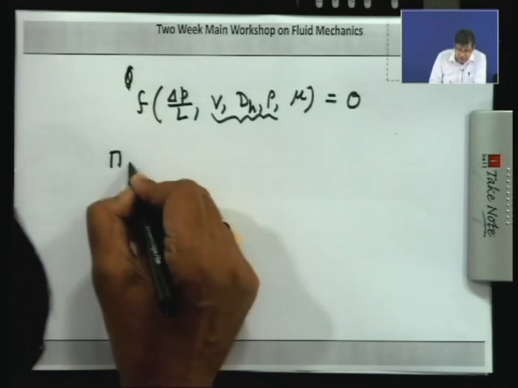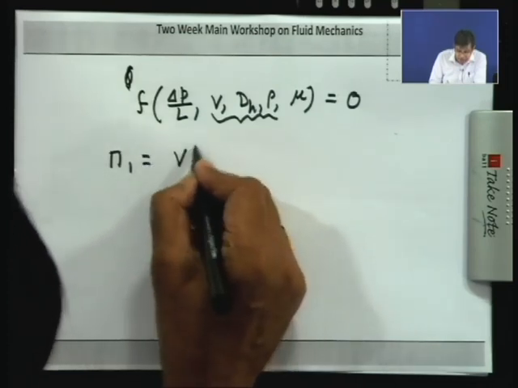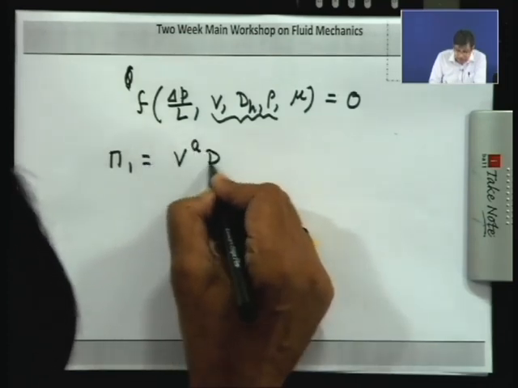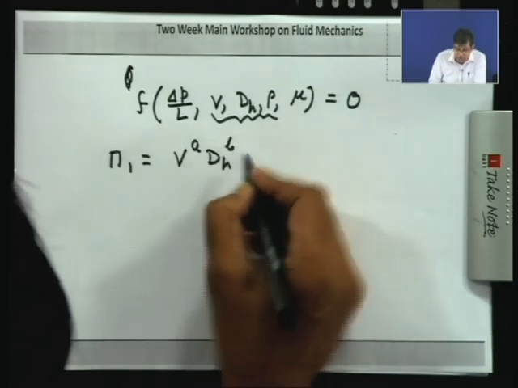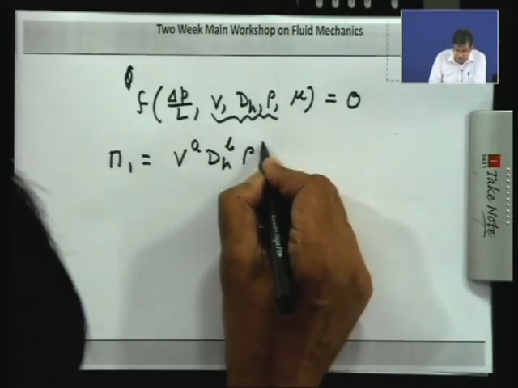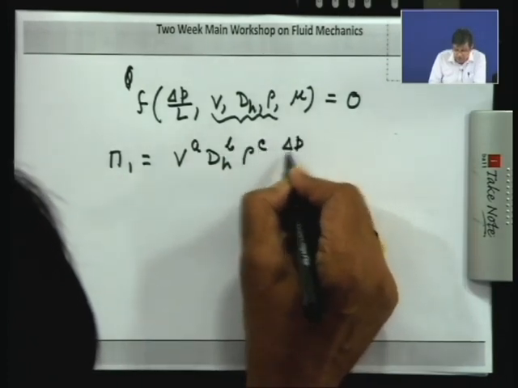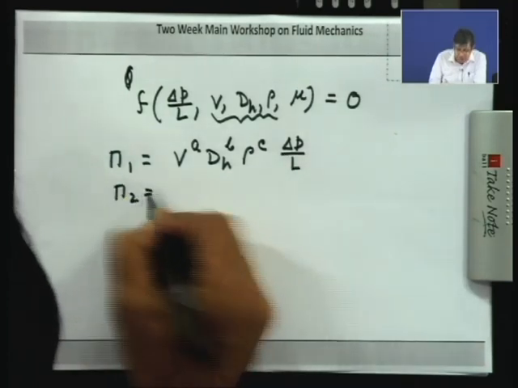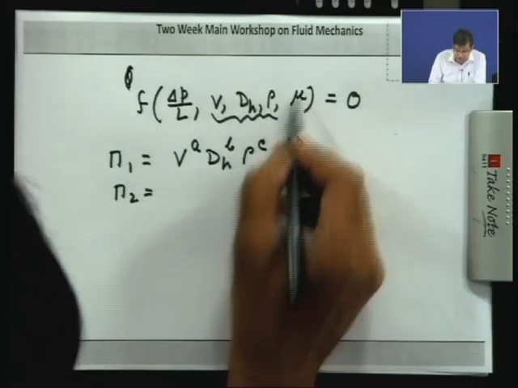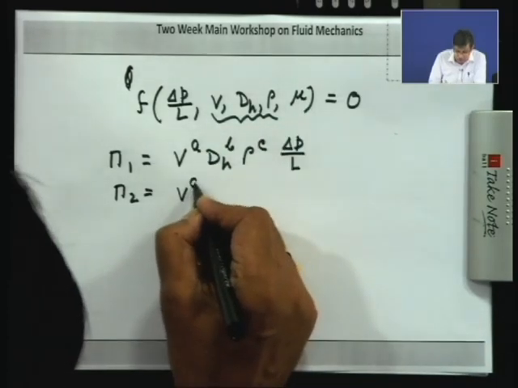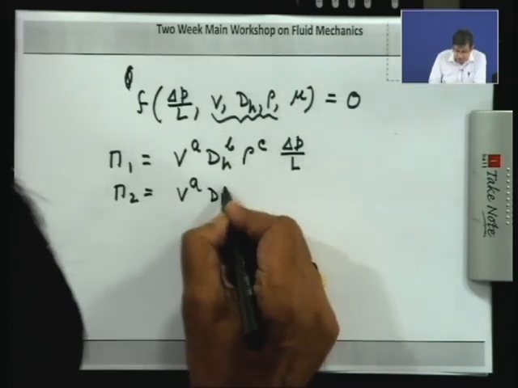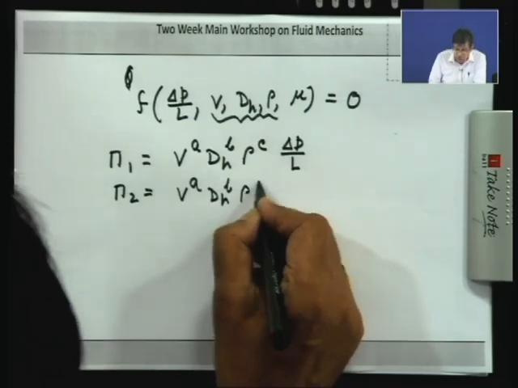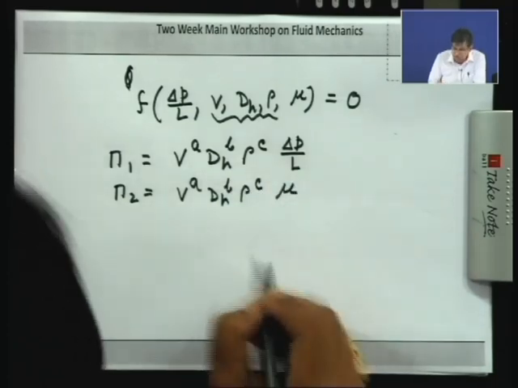Our first pi term is V to the power A, dH to the power B, rho to the power C into delta P by L. And the second pi term is, since mu is left, V to the power A, dH to the power B, rho to the power C, and mu.